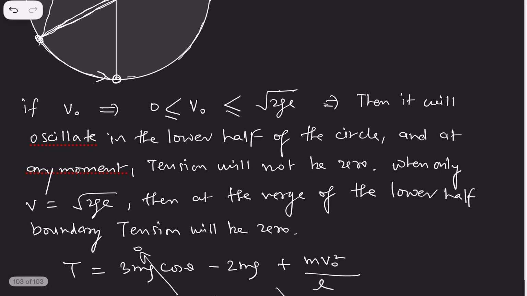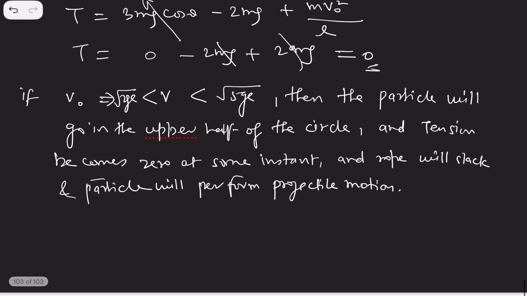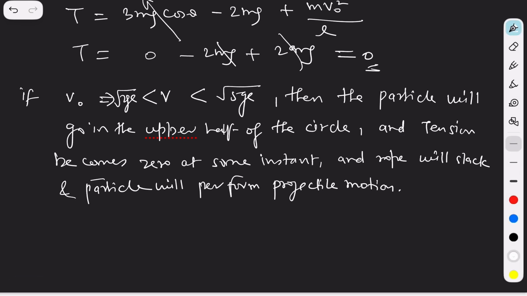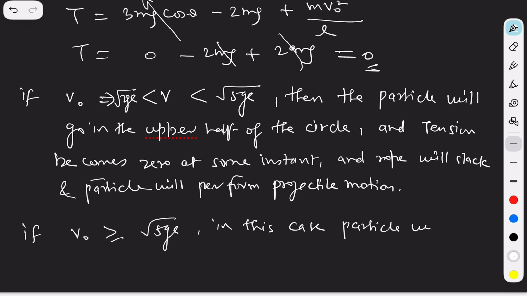And now the last part, guys, was if velocity is greater than or equal to root 5 gl, in this case the particle will perform a full circle.